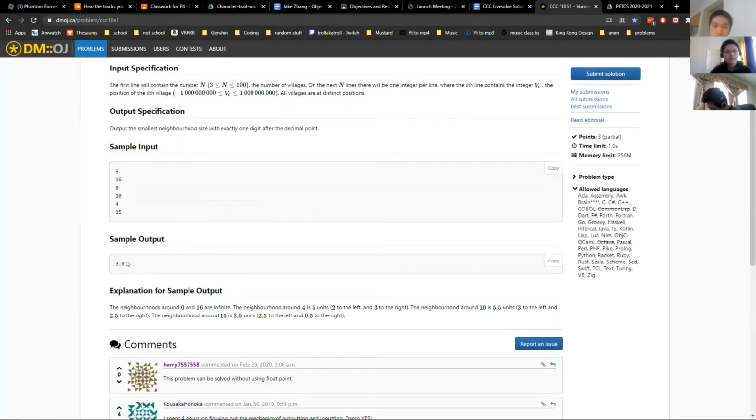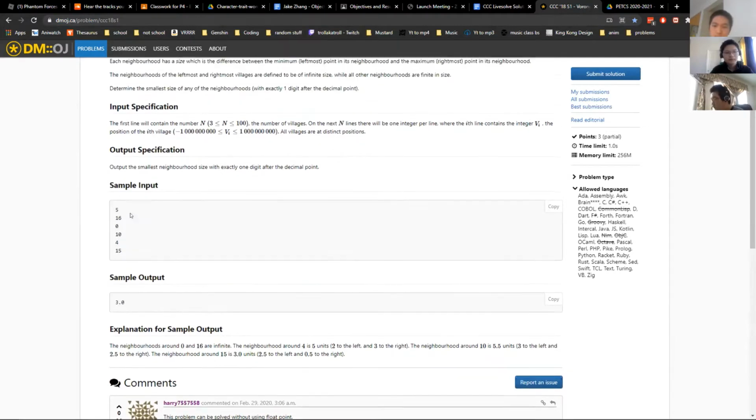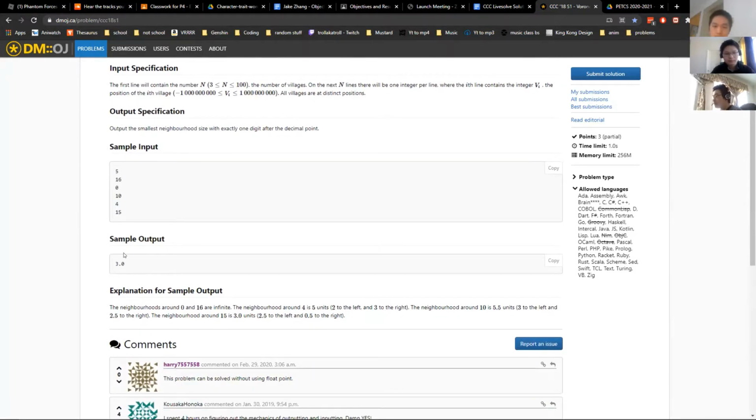Right, so you have this test case, which has n, the number of inputs, and the points on which the villages are located, technically speaking. You'll see that 3.0 is taken from the fact that the smallest neighborhood is 3 in size. The neighborhood around 15 goes 1 unit up to 16.